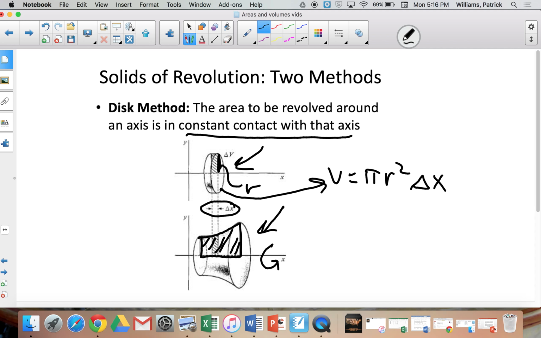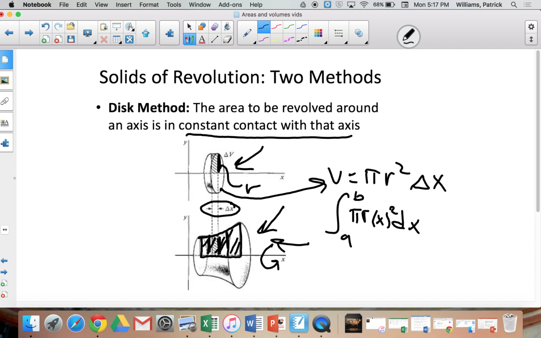If we change that delta x to be a dx, meaning it's very, very small, and we take a function where the radius of our cross section, depending on where we are, is going to vary, we'll call that r of x squared, put a pi in front. If we integrate that between two points a and b, that's another way that we can find the volume.